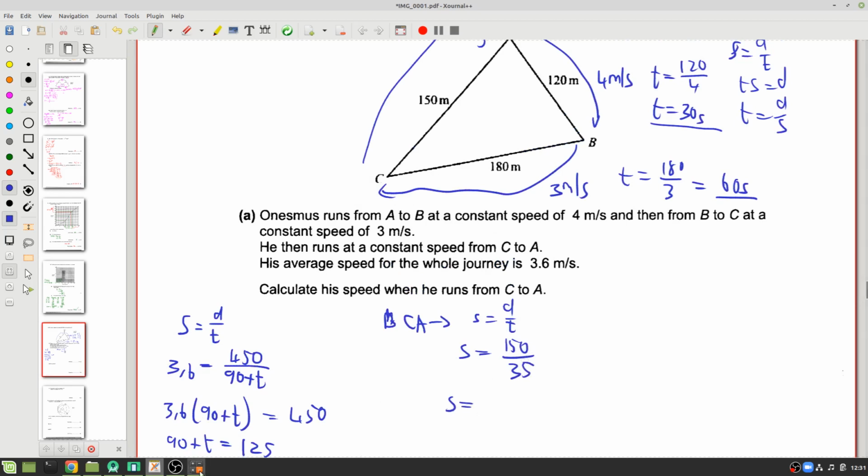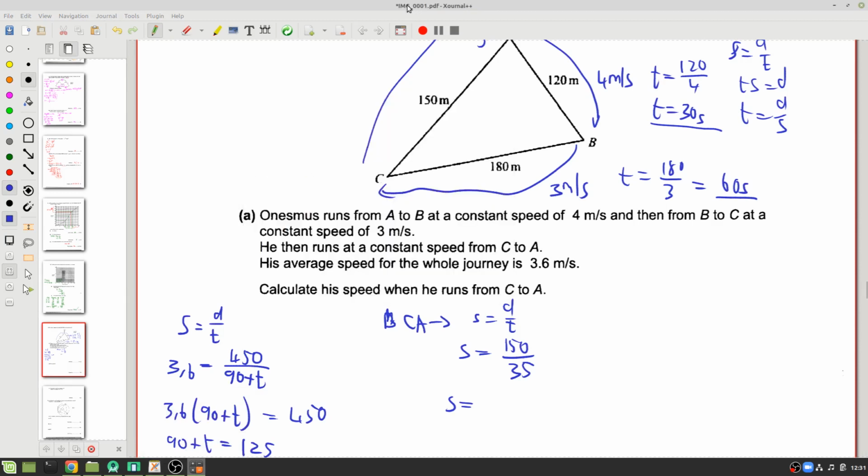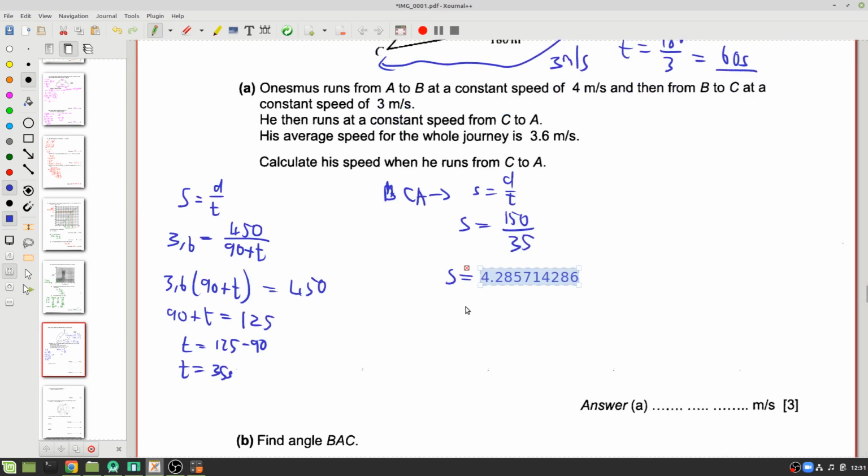So that'll give us the speed of 150 divided by 35. So, ooh, not a nice number. Let's just copy that and paste it. So that is the speed. And then that's not an exact number, so we round it off to 3 significant figures. So the 5 will change that into a 9. That'll be 4.29 meters per second.